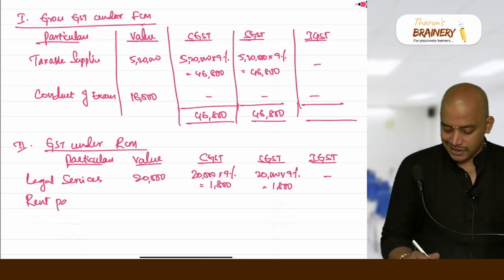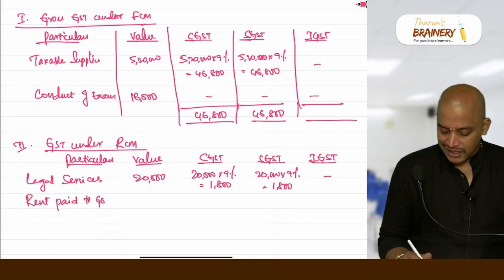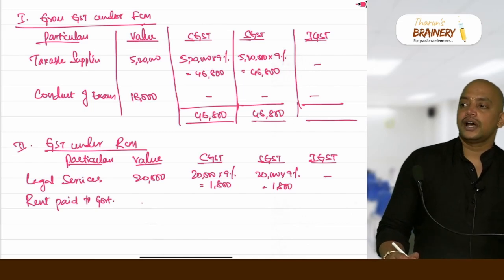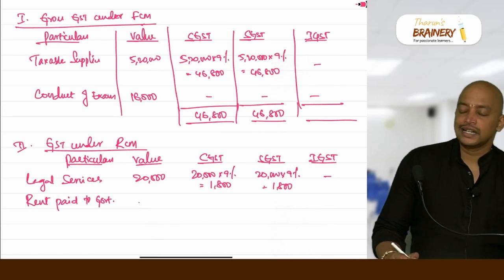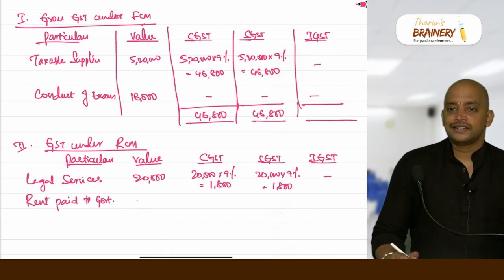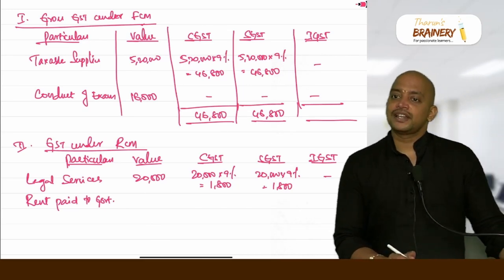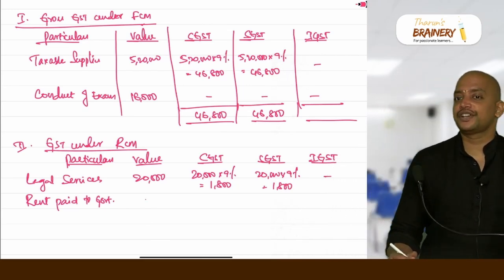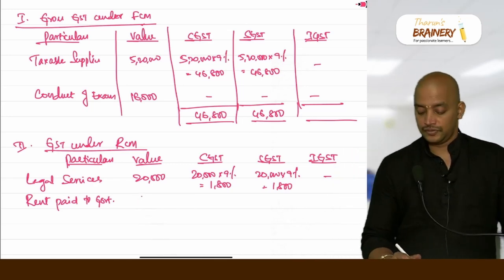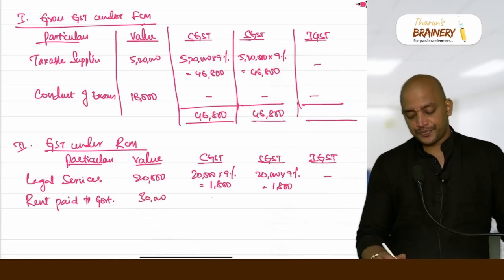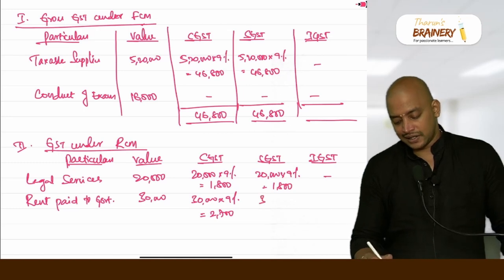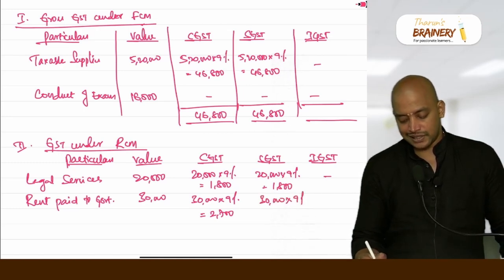The next one, rent paid to government. So is it intra or inter? Intra. How do you know? State government, you are located in the same state. Moreover, renting of immovable property is always intra, because the place of supply will be the location of the immovable property. Supplier is also in the same state, property is also in the same state, so it will be intrastate. What is the value? 30,000. So CGST, SGST, 30,000 into 9%, 2,700.